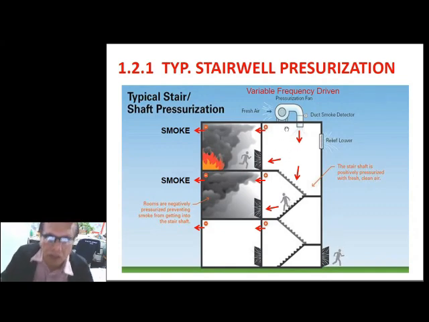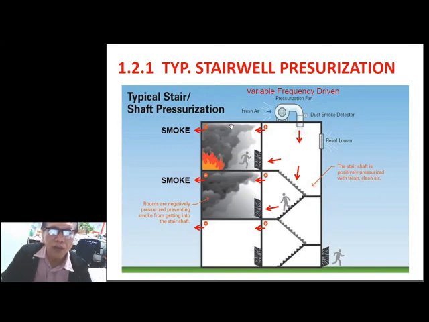Ang magpapatakbo nitong stairwell pressurization fan ay yung FDAS. Pag naka-detect yung FDAS mo ng smoke, kunyari, andito yung smoke detector mo at nakatanggap na siya ng smoke, di ba?